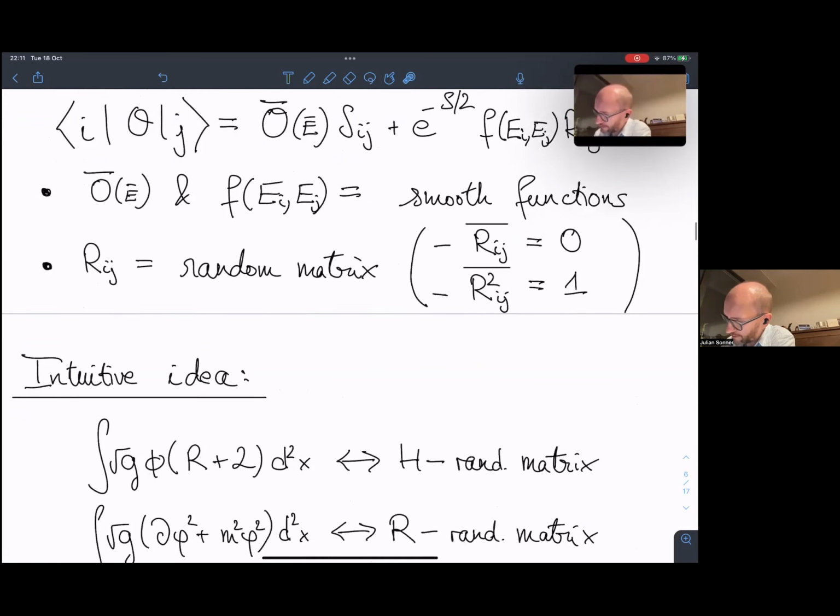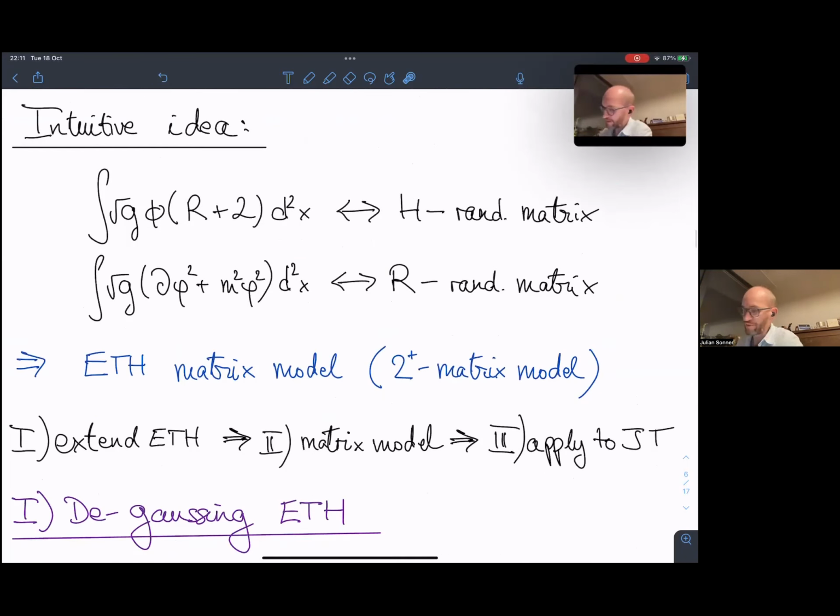So can we actually write a matrix model, which is now not a one matrix model, which we had previously, but a two matrix model, which in the same sense will describe for us the physics of JT plus matter? And it turns out that it can be done. And it has, in my opinion at least, the nice feature that it formalizes the eigenstate thermalization hypothesis in terms of matrix models, which is not something that had previously been appreciated.